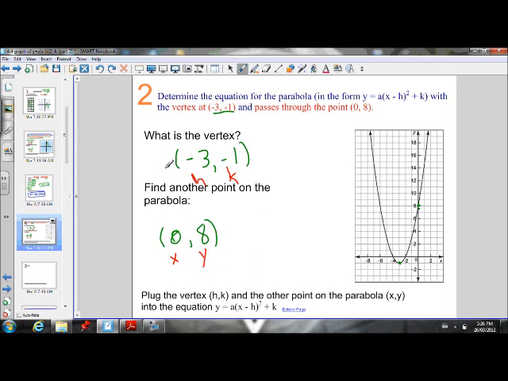Good. So now we're going to plug our h and k, x and y values, into the vertex form of a parabola, which is right here, y = a(x - h)² + k. So we're going to plug all that into that equation and solve for a. In order to write the equation, we need to know that a value. So let's go ahead and do that.